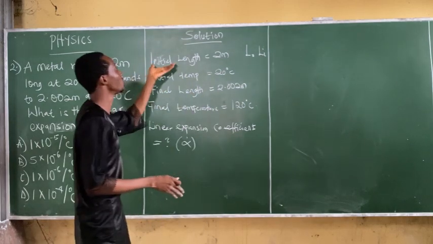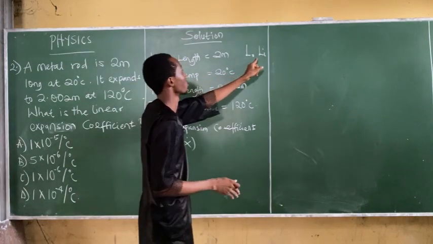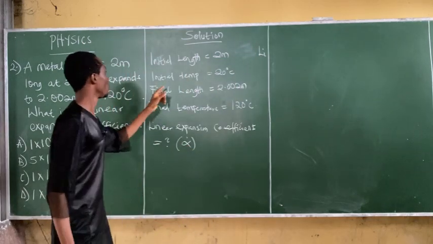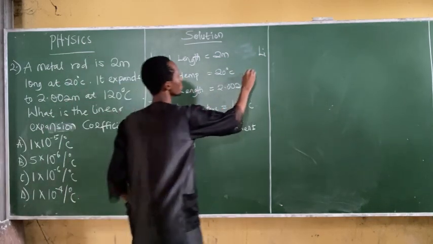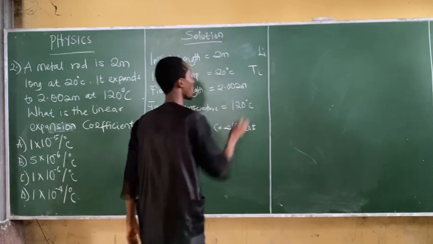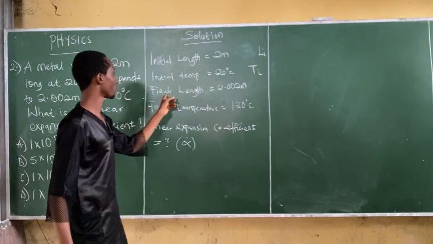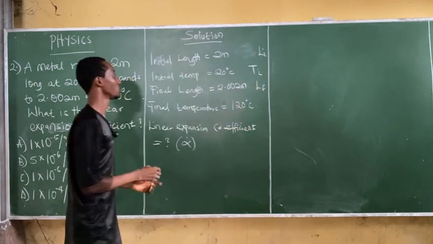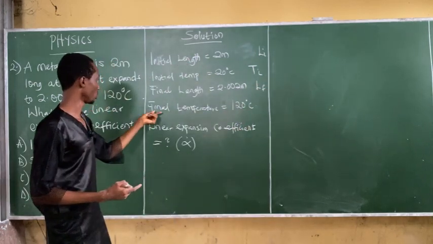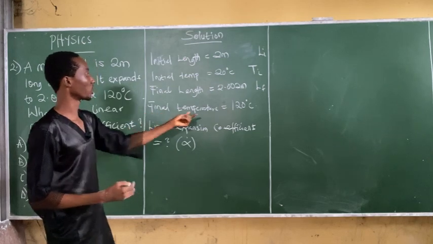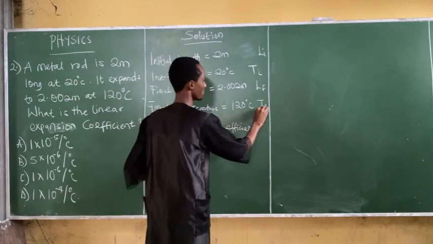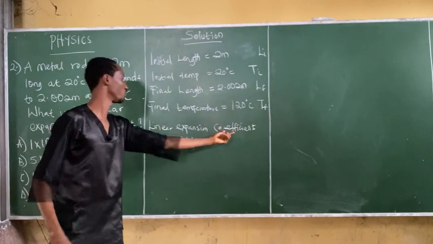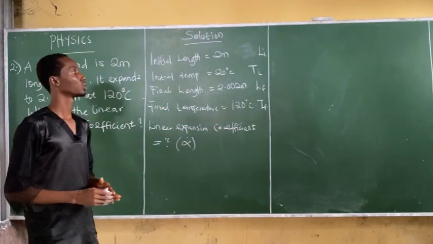If we had used original length here, we would have used L subscript 0. We have initial temperature, T subscript I. Here we have final length, L subscript F, and final temperature, T subscript F. The linear expansion coefficient alpha is unknown.